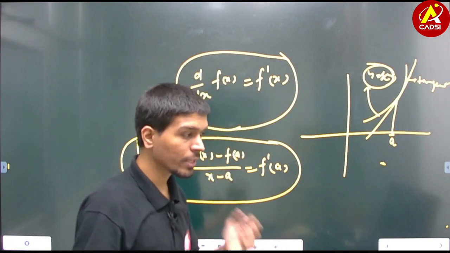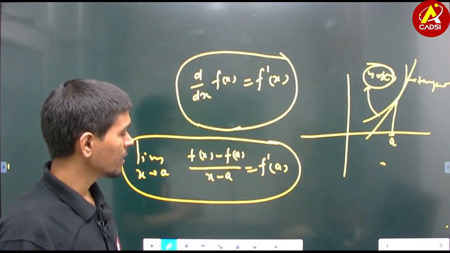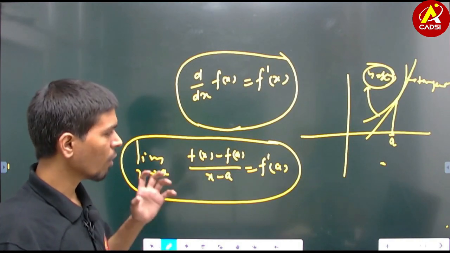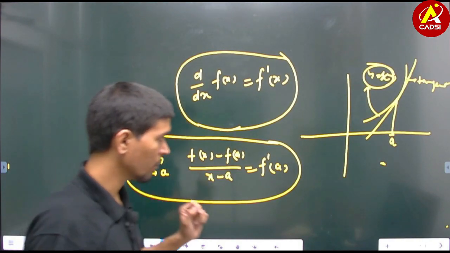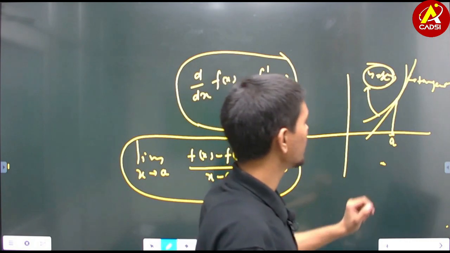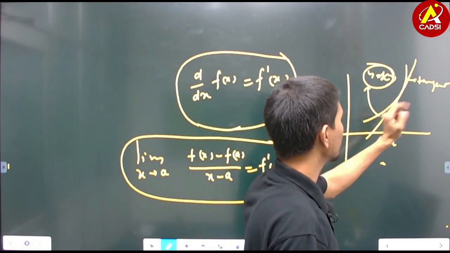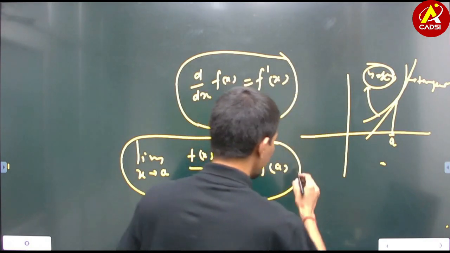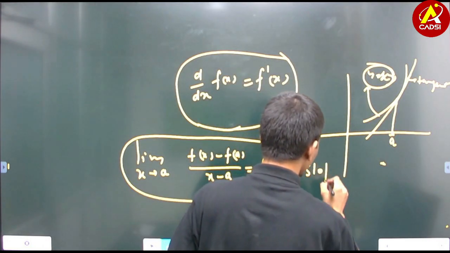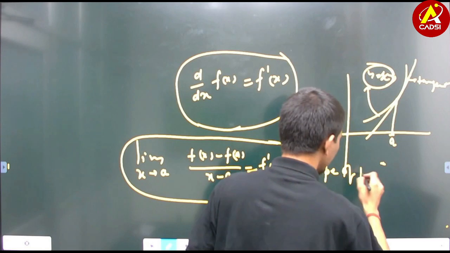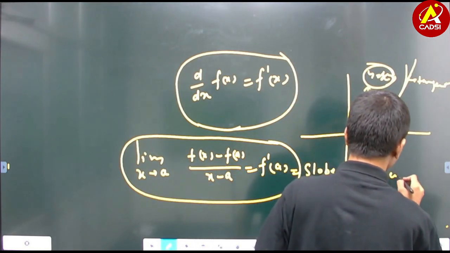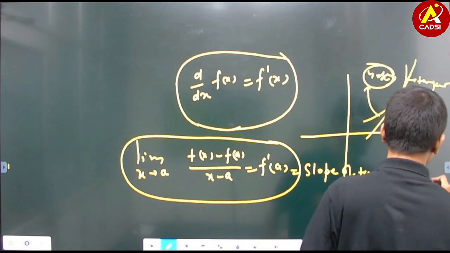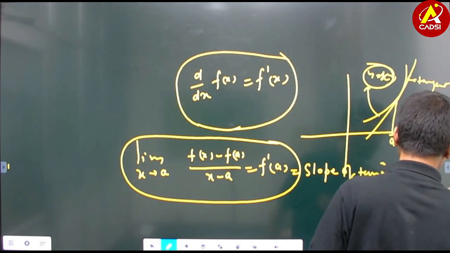In other words, the first derivative of a function at a particular point means the slope of the tangent at x equals a.